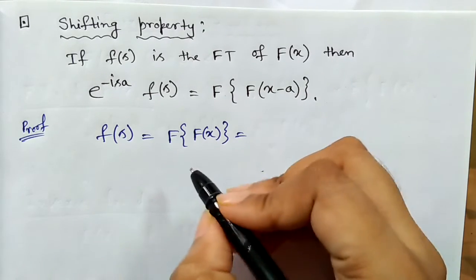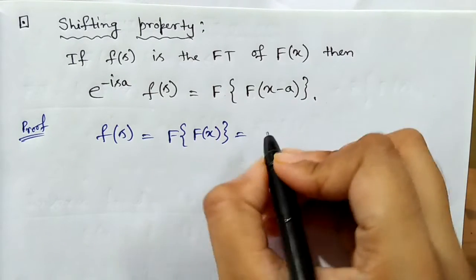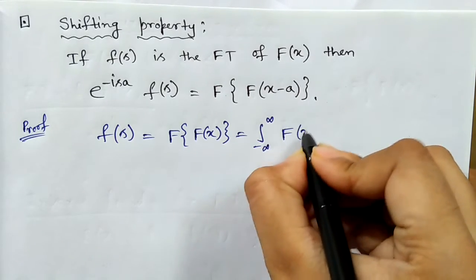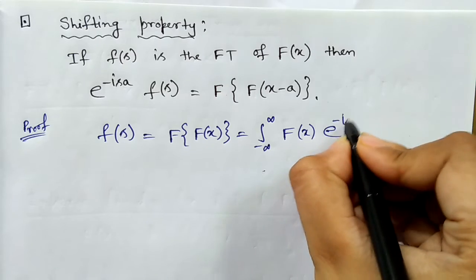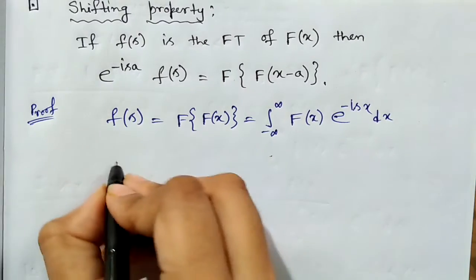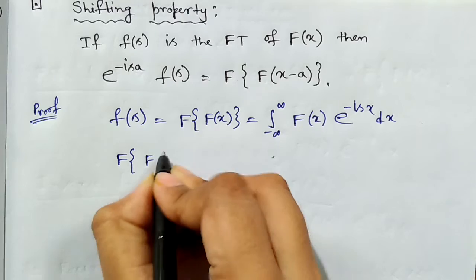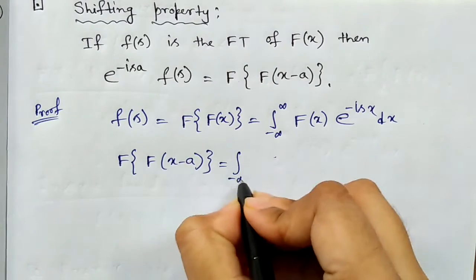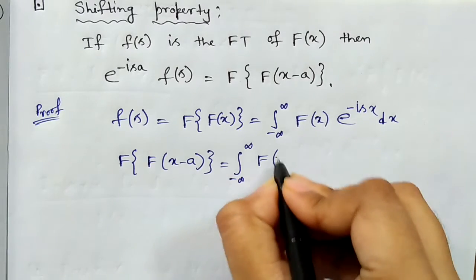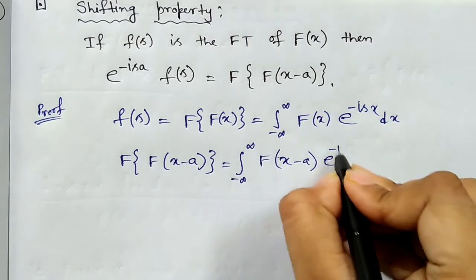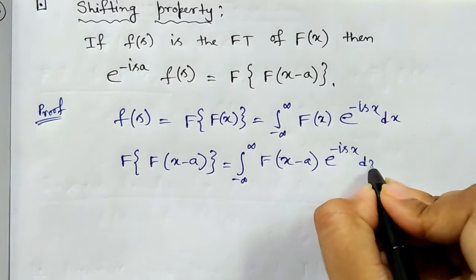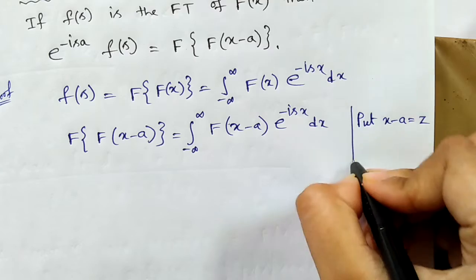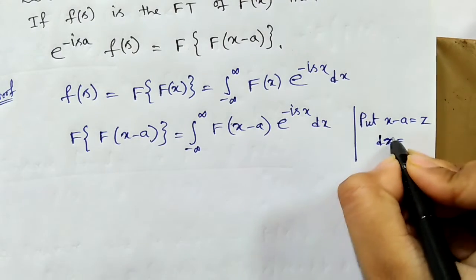So F(s) equal to the Fourier transform of F(x) is equal to the integral from minus infinity to infinity of F(x) e to the power minus isx dx. Now start with the Fourier transform of F(x minus a), which is the integral from minus infinity to infinity of F(x minus a) e to the power minus isx dx. Again put x minus a equal to z, so dx equals dz.